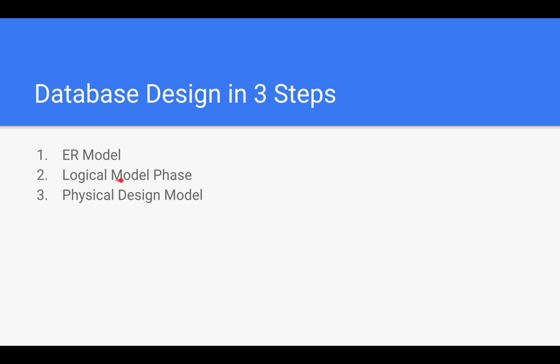The second step is called the logical model phase, which implements the concepts in the ER model into a real commercial database. The final step is to deal with our real computer systems, including memory management, database indexing, networking, and so on.